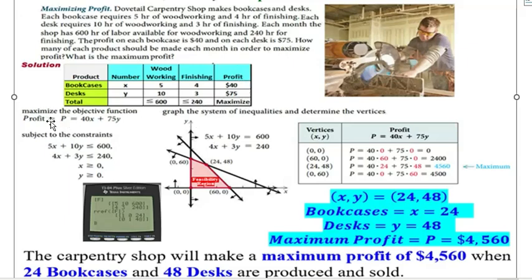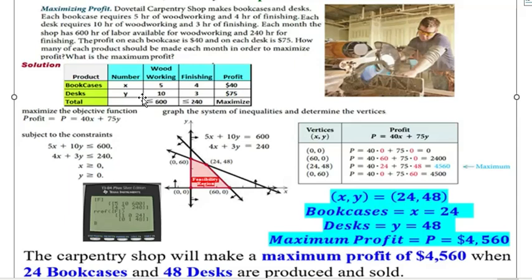So the objective function is maximizing the profit, which is 40x plus 75y, and this is what we are trying to maximize. Of course it is subject to the constraints, that is 5x plus 10y, the maximum you can use is 600 hours or less.